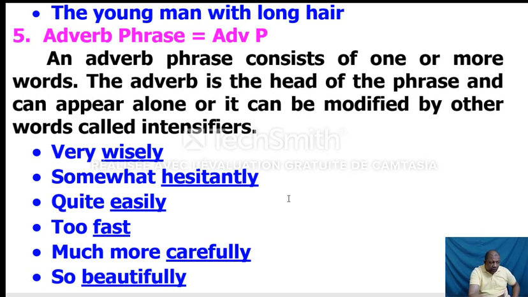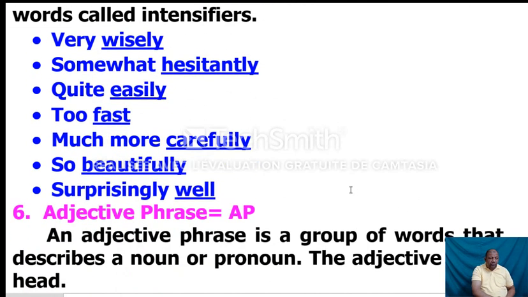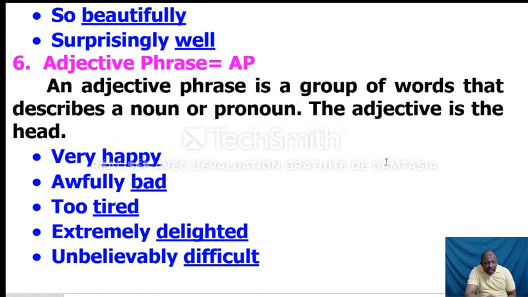Number 1, very wisely, somewhat hesitantly, quite easily, too fast, much more carefully, so beautifully, surprisingly well. So these are adverb phrases. The last one is adjective phrase, AdjP.